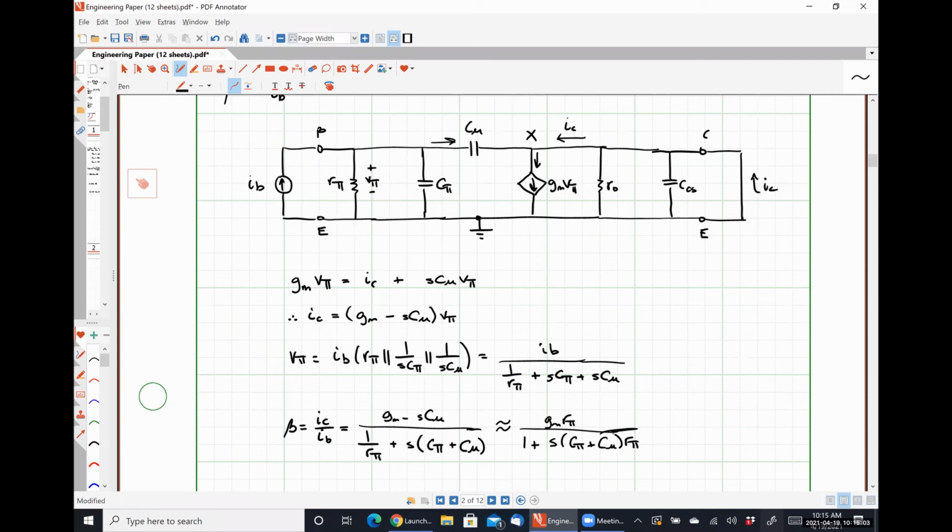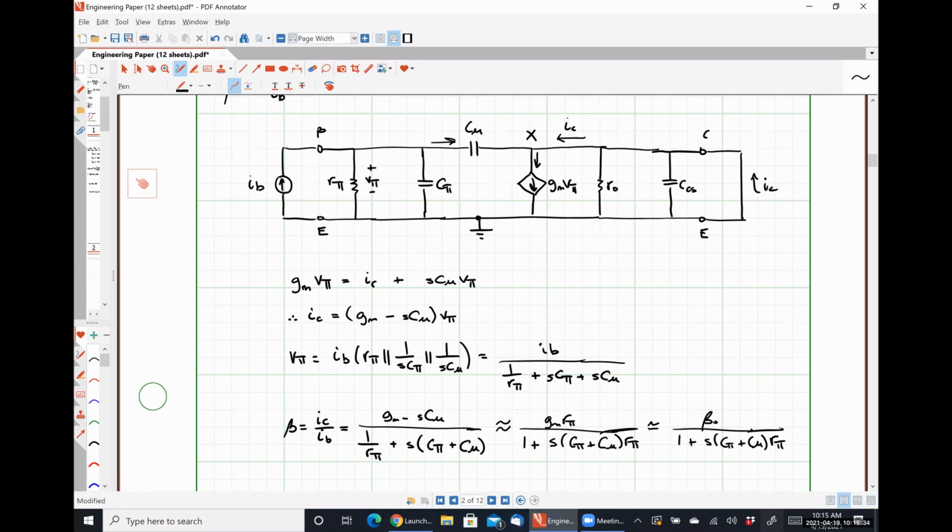GM multiplied by R pi is beta naught, our low frequency value of beta, or how we've been doing it when we've been analyzing circuits. So we're going to say that this is beta naught divided by 1 plus S C pi plus C mu times R pi.